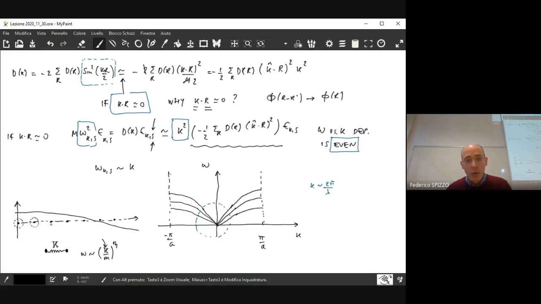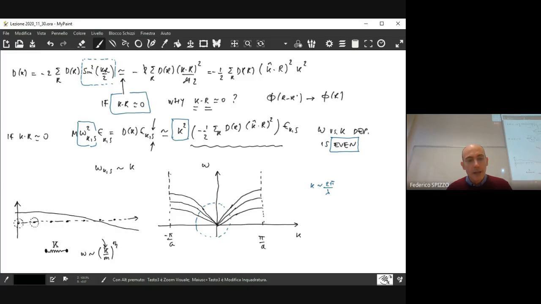And please also note that, as you see in this picture, if this ion has a displacement, an ion that is close to it has a similar displacement, where similar means in a direction that is similar to the first one. So in this case, the displacement is an in-phase displacement.